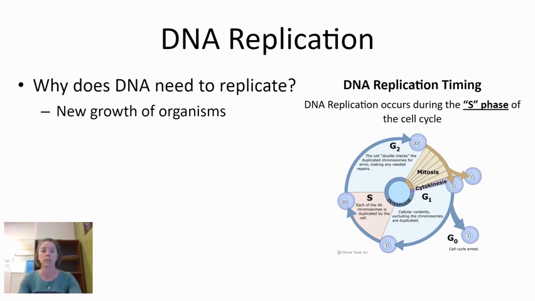We need bigger organisms. Multicellular eukaryotic organisms, as they get bigger, need more cells. Well, one of the things that you need in every single one of your cells is another set of instructions. So we're going to have to replicate those instructions.